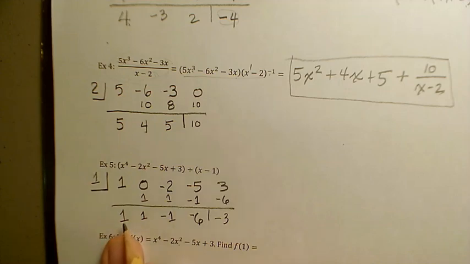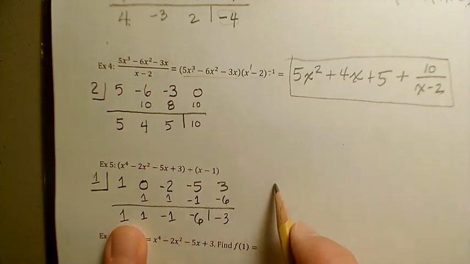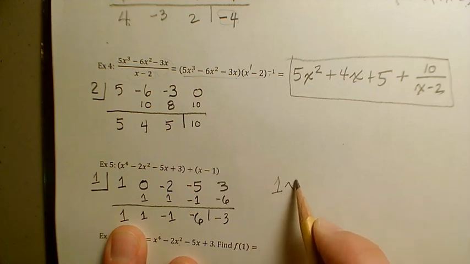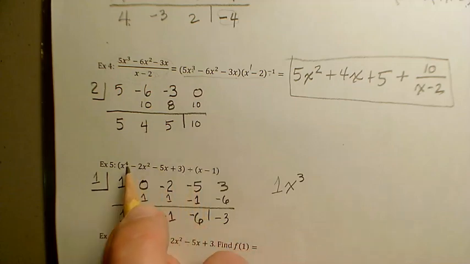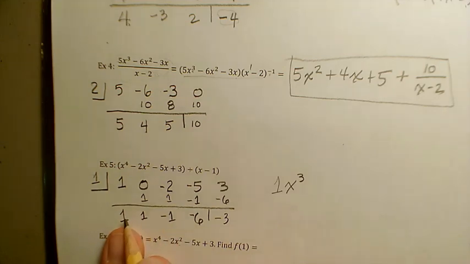So think about what this is the coefficient of. We don't have to put a 1, but I'm going to do it to emphasize 1 x to the what? Third, because we started with degree 4, so this should be 1 less. Or you could start with the constant, then the coefficient for x, for x squared, for x cubed.